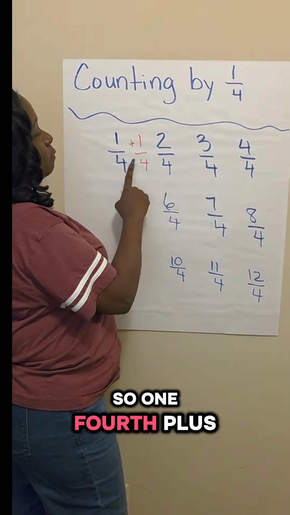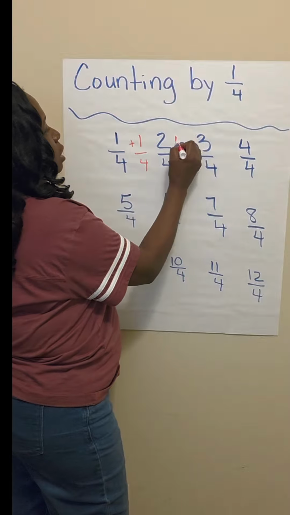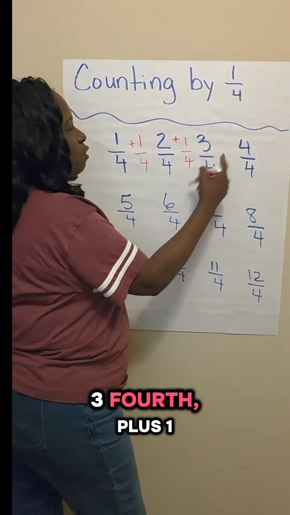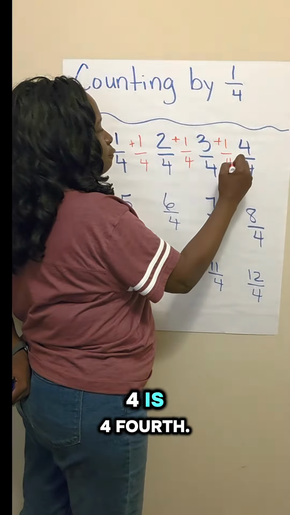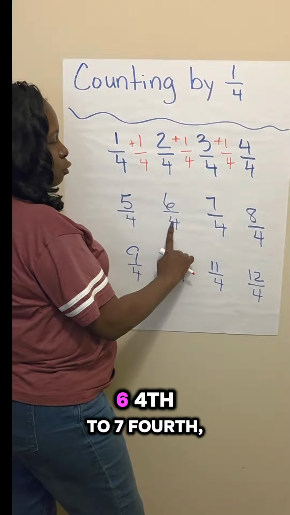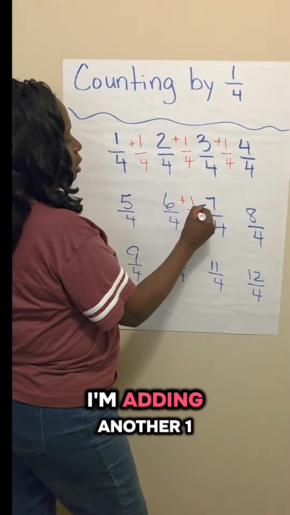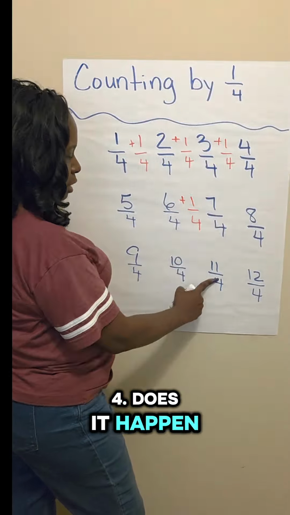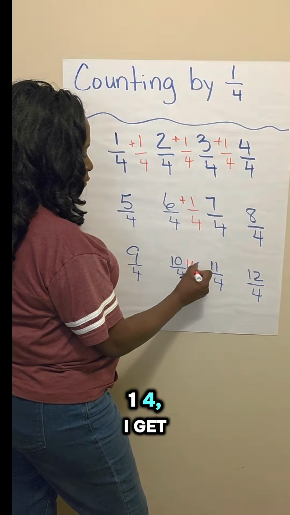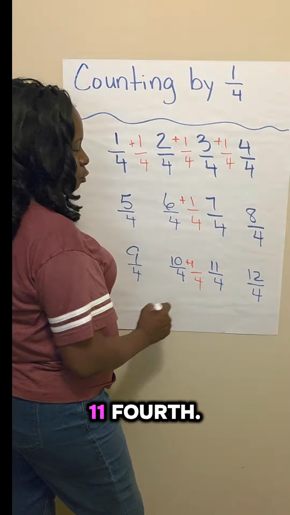So 1/4 plus 1/4 is 2/4. 2/4 plus 1/4 is 3/4. 3/4 plus 1/4 is 4/4. And as you see, when I go from 6/4 to 7/4, I'm adding another 1/4. Does that happen here? From 10/4 to 11/4, when I add a 1/4, I get 11/4.